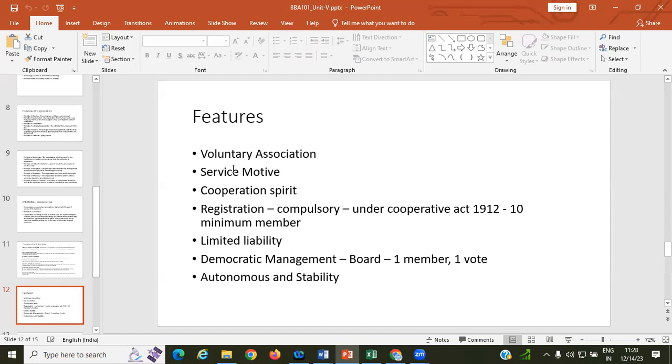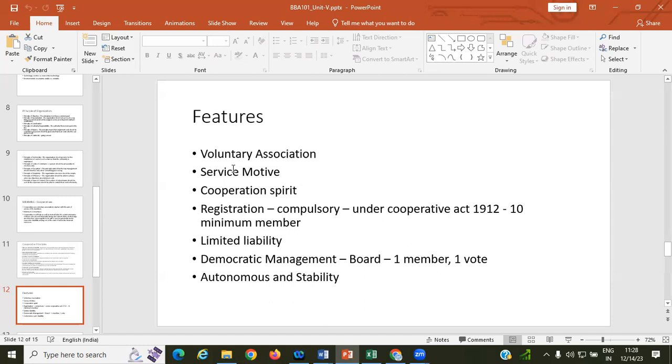That is the point on autonomy and stability. So these features are derived from the principles and meaning. If you remember a few keywords, you can write and understand many things out of it.